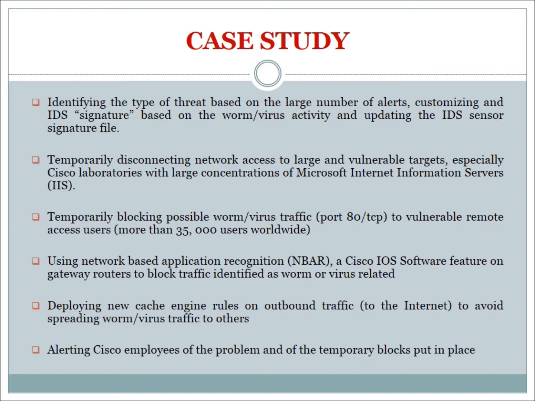Then temporarily disconnecting network access to large and vulnerable targets, temporarily blocking possible virus traffic using network-based application recognition, deploying new cache engine rules on outbound traffic, and alerting Cisco employees of the problem and of the temporary block put in place.